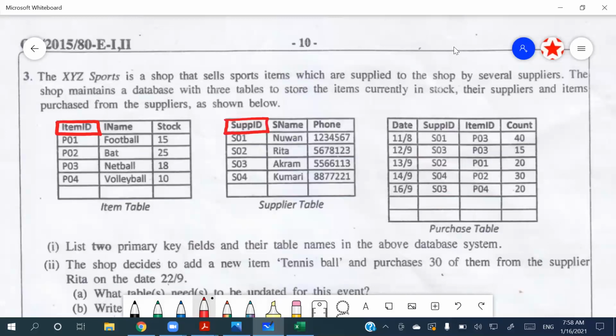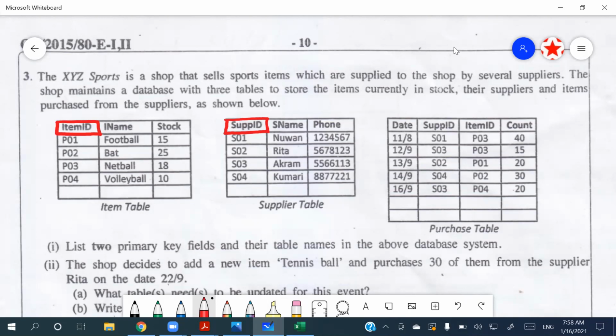And for the purchase table, the dates are different from each other, but if we think practically, two suppliers can supply things on one particular date. So date can be repeated easily, so we are not going to take the date alone.